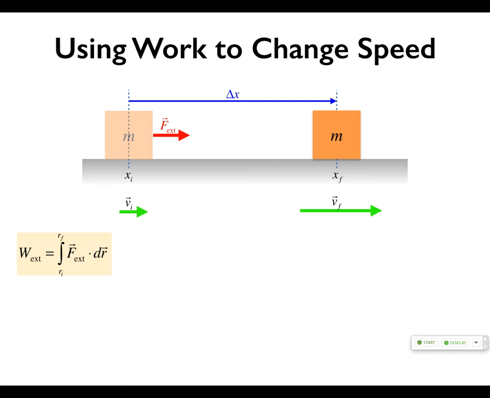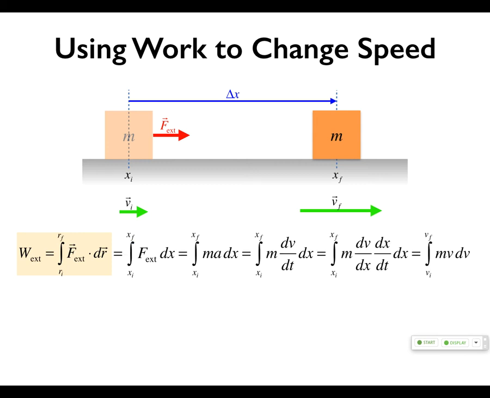So you can write this as 1/2 m v final squared minus 1/2 m v initial squared. That means work is equal to the change in these terms. Now, does this look familiar? Kinetic energy. This would be kinetic energy initial, and this would be kinetic energy final. So this says that work is equal to your change in kinetic energy. This is what we call the Work-Kinetic Energy Theorem.